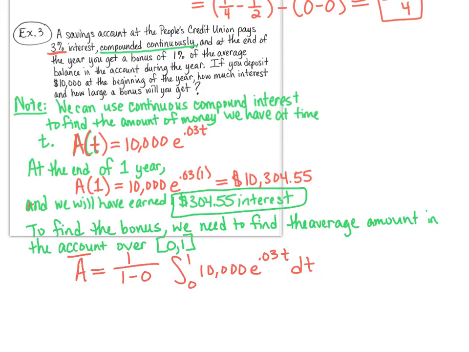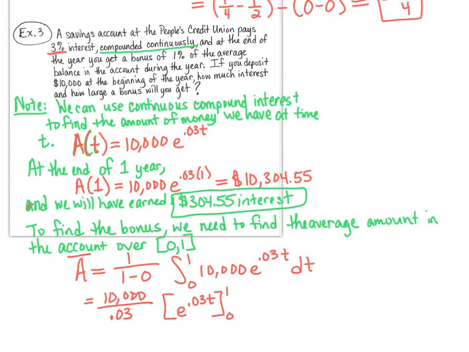Well, that's equal to 10,000 divided by 0.03, okay, times e to the 0.03 t evaluated from 0 to 1.